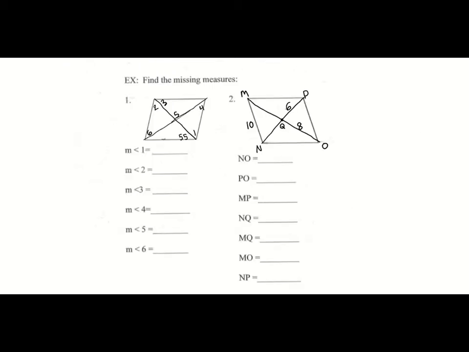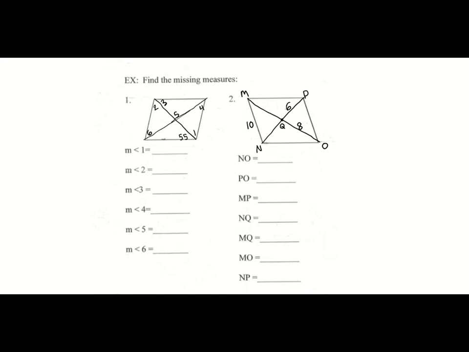Okay, so let's look at some examples with a rhombus. Here's the information for our last two examples on a rhombus. And for our first one, first thing we need to find is the measure of angle 1.